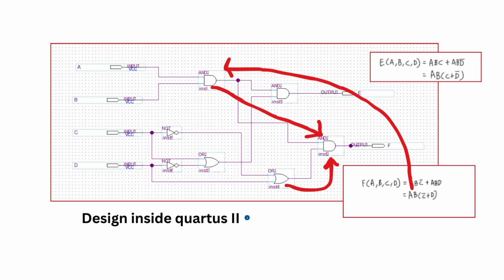We use only one AND gate for both equations, and for C bar and D, we have to create another OR gate at the bottom. The output of that OR gate and the very first AND gate goes into F.